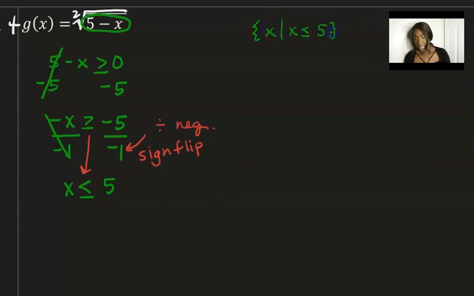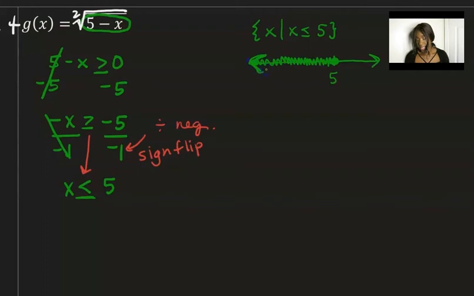I could write this in set notation, the set of x such that x is less than or equal to 5. I could say all real numbers that are less than or equal to 5. I can make a number line, and on that number line I'll put 5 with a closed circle because it is okay for x to be equal to 5. This does have the or equal to. We can take 0 under even radicals.